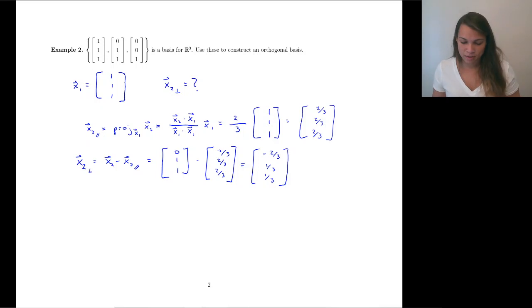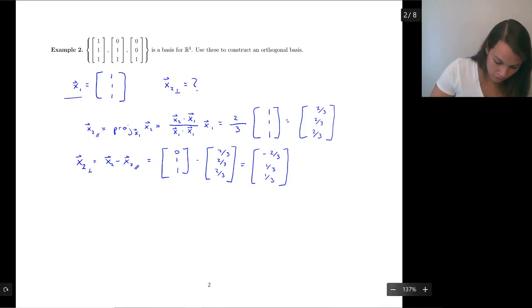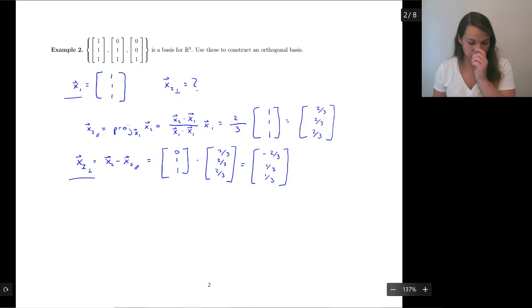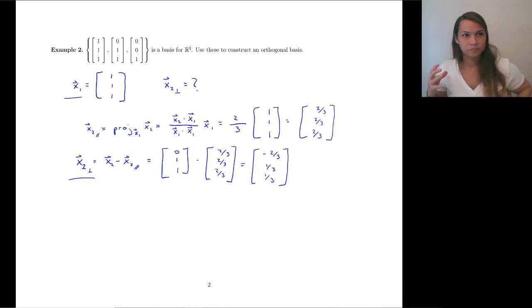So what about our third vector? We need it to be orthogonal to x1 and x2 perpendicular. So what we're going to think about now is, what if it's just orthogonal to the entire subspace?